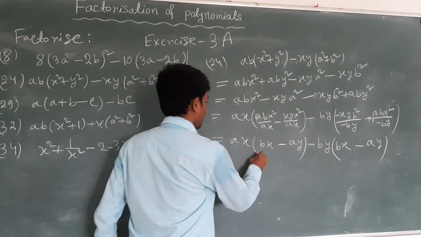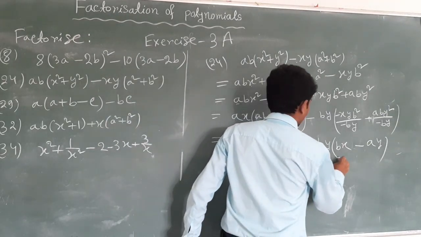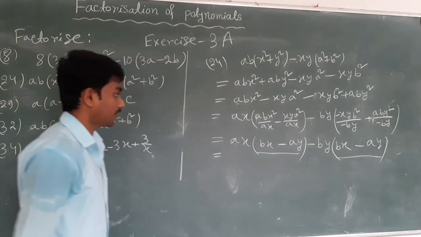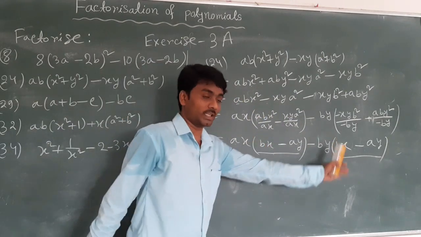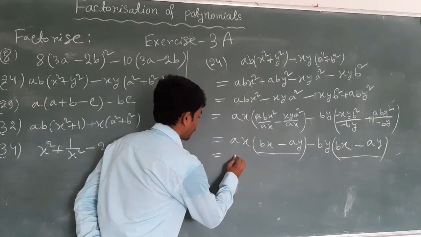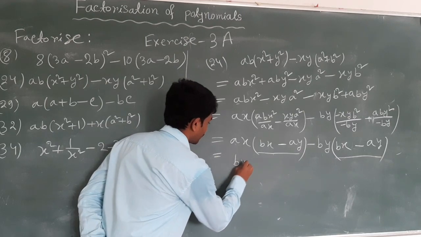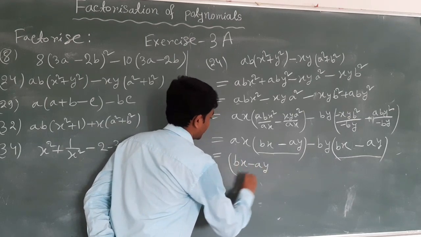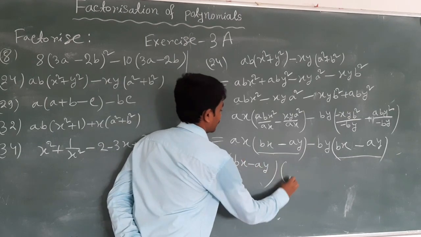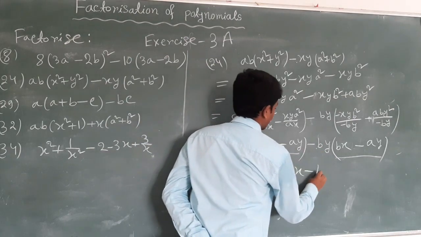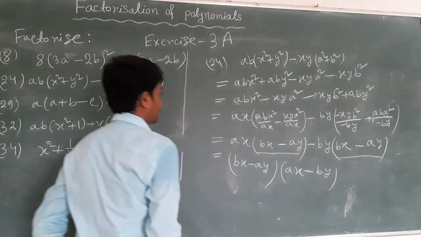So bx minus ay and bx minus ay is the common factor of both the terms. So we take out the common bx minus ay, and ax minus by.